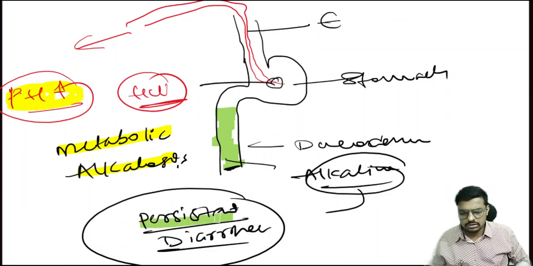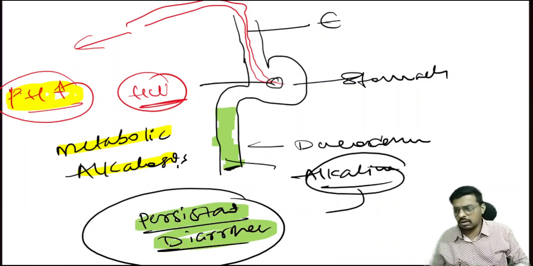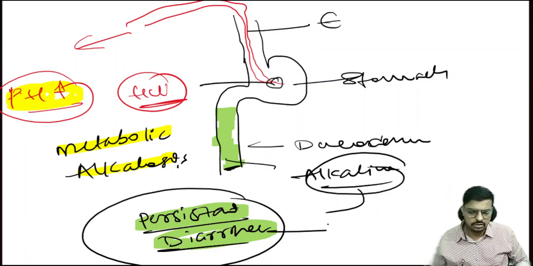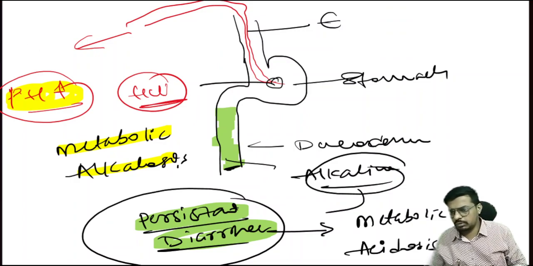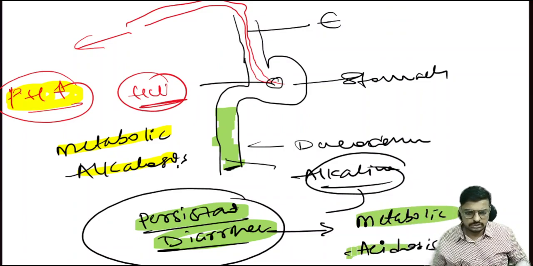So in persistent diarrhea, what acid base imbalance happens? That is metabolic acidosis. These are two very important concepts that repeatedly appear in exams. Because of prolonged NG tube suctioning, metabolic alkalosis occurs.